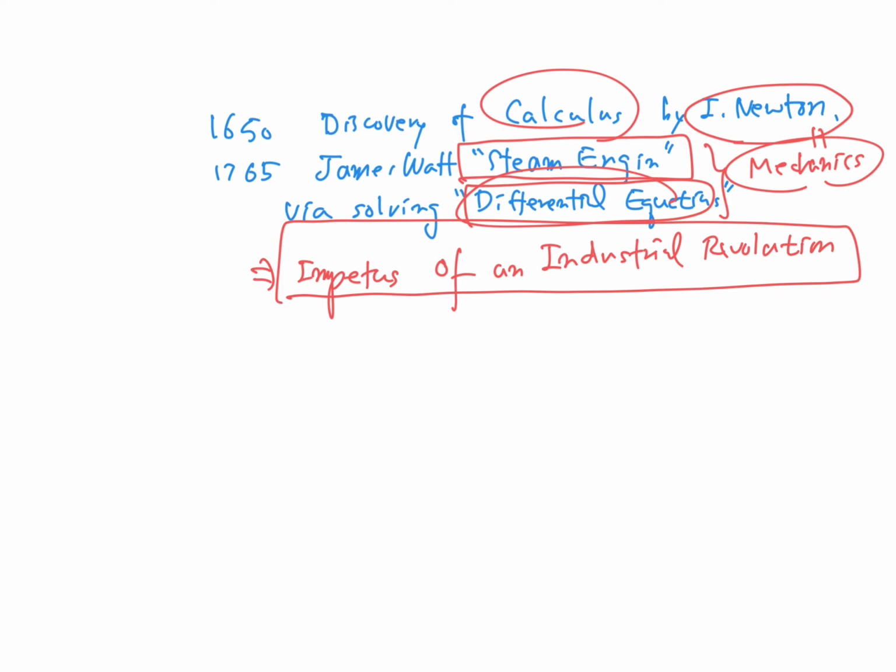In 1850, James Clerk Maxwell formulated electromagnetic theory.